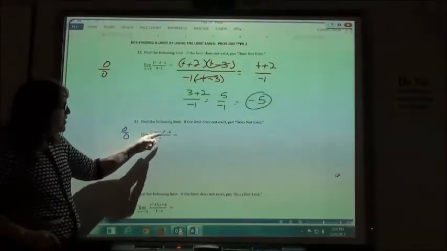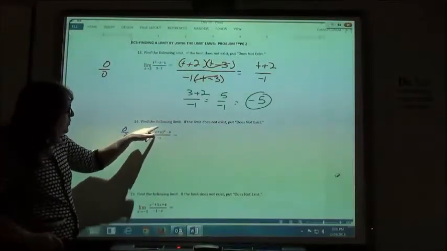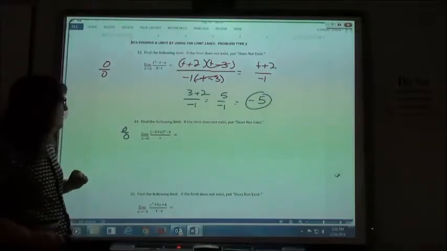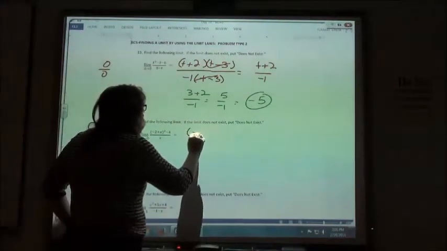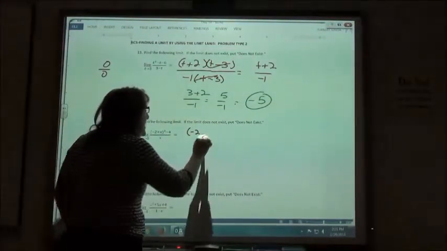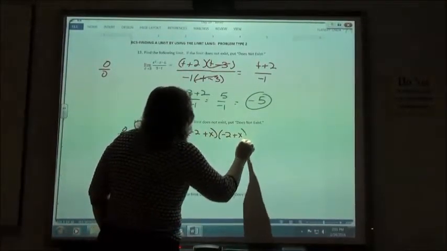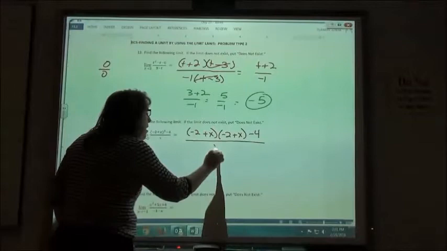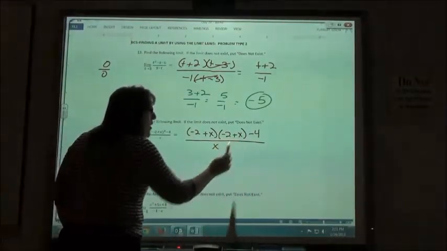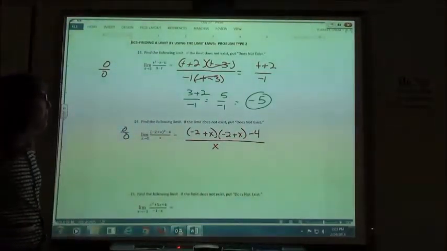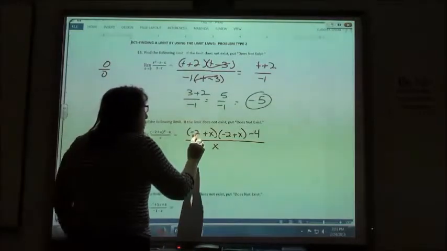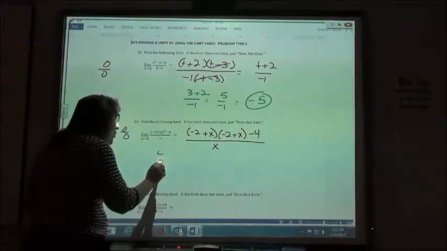Well, this one, I've got this expression. So to simplify it, I first of all have to square my negative 2 plus x. So I'm going to take negative 2 plus x times another negative 2 plus x, minus my 4, all over x. So I'm going to FOIL that out and simplify my fraction if I can. So negative 2 times negative 2 would be 4.